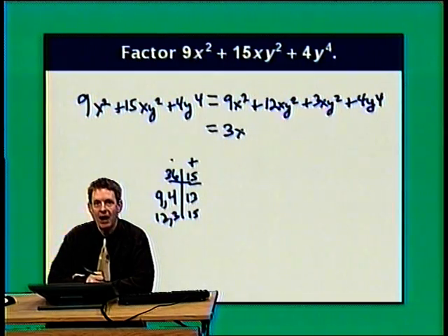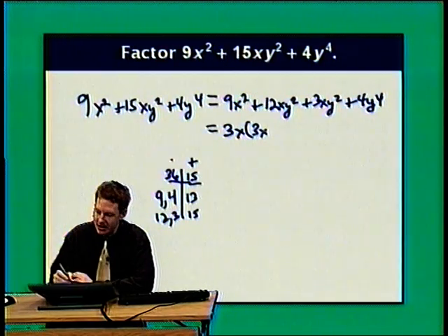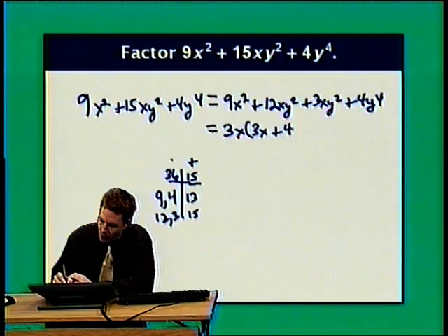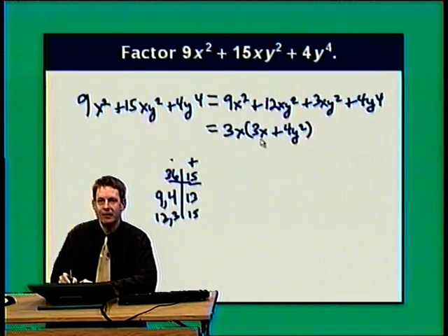When I factor out 3 and x, what do I leave behind? From my first term, I leave behind 3x, and from my second term, I leave behind 4y squared. Let's make sure that's correct. 3x times 3x is 9x squared. 3x times 4y squared is 12xy squared.